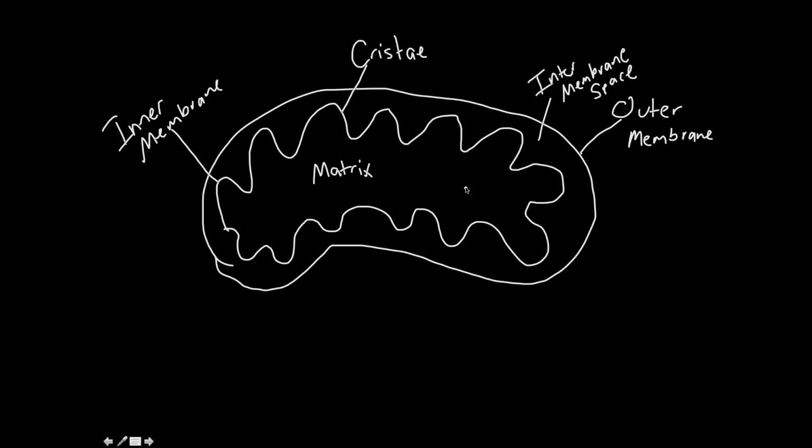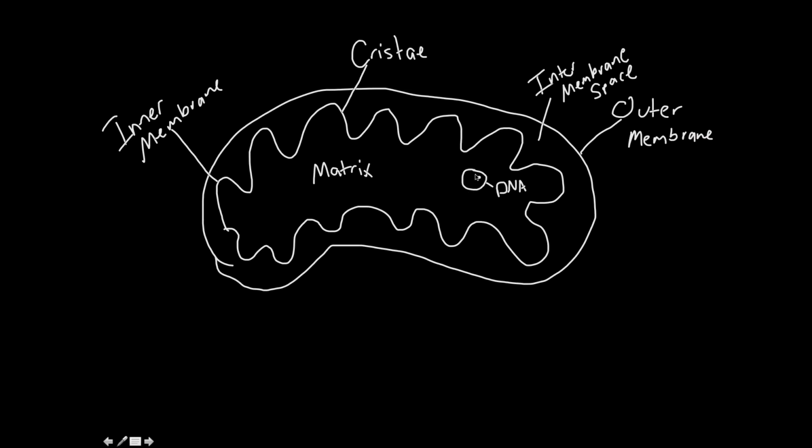Within the matrix here, we're going to find DNA, and it's going to be circular DNA. As you may remember, this is part of the endosymbiont theory, the idea that mitochondria were once prokaryotes that were ingested and formed a symbiotic relationship with the ancestor eukaryote.